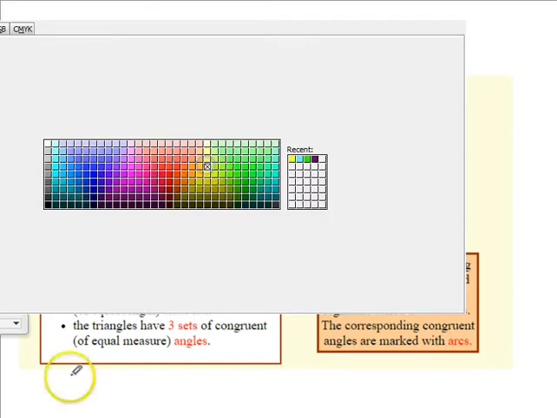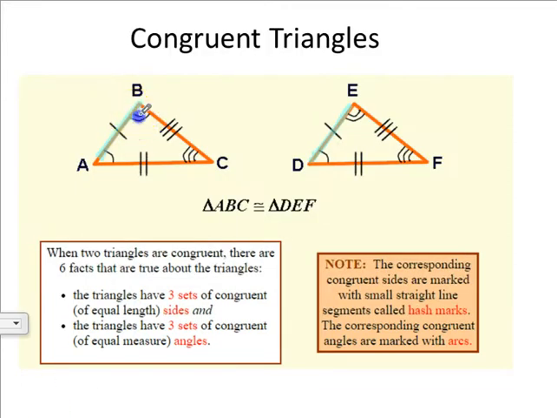When we add those up, those are 6 things. The same is true with the angles. If you look there, there are 2 little arcs, and the corresponding angle on this side also has 2 little arcs. That lets us know that those 2 angles are congruent. Here we see there's 1 arc and 1 arc here. That lets us know that angle D and angle A are congruent. So the same thing that's true with the ticks on the side lengths is true with the angles. So 6 things are true when we have congruent triangles. That's a lot of things.